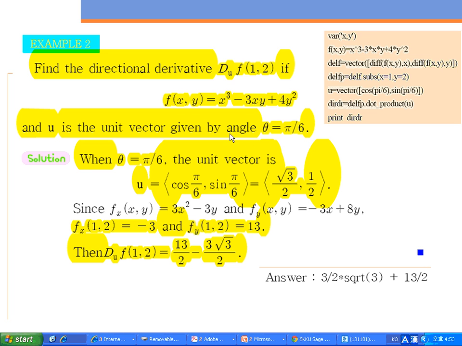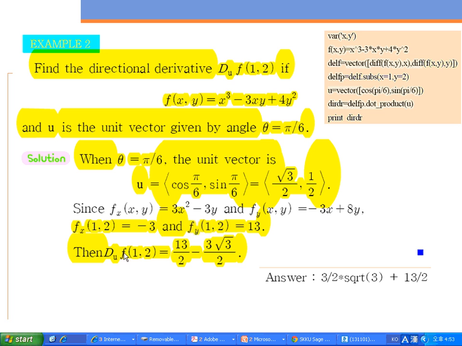We can write the unit vector as an xy coordinate vector like this, (cosine pi over 6, sine pi over 6), which is this. The partial derivative of f with respect to x at the point (1, 2) is -3, and f_y(1, 2) is 13.